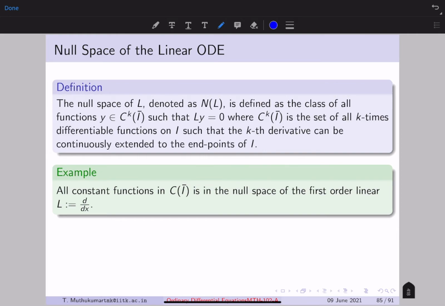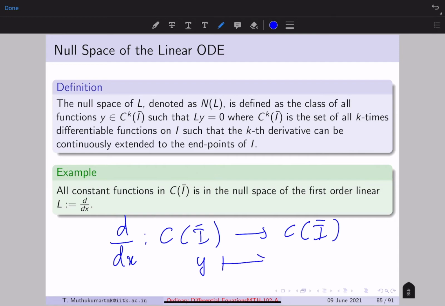So let's look at an example. You can see that d by dx can be seen as a map from the space of all continuous functions to continuous functions, which will take any element y to its derivative y prime.